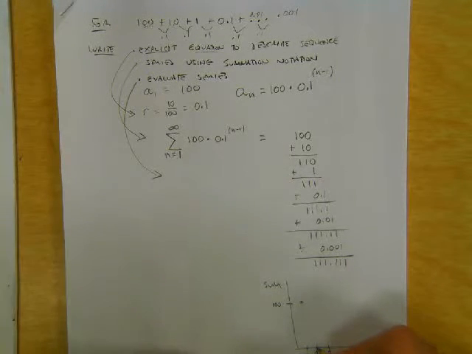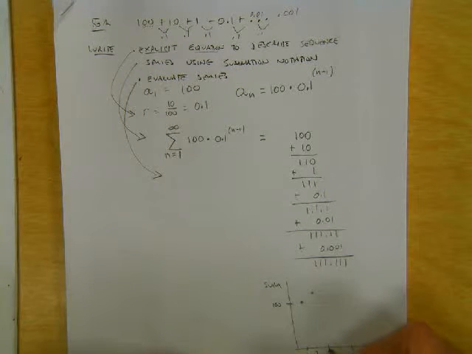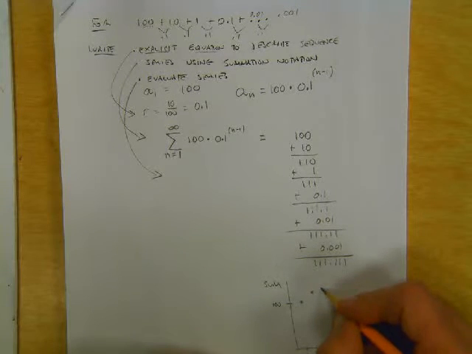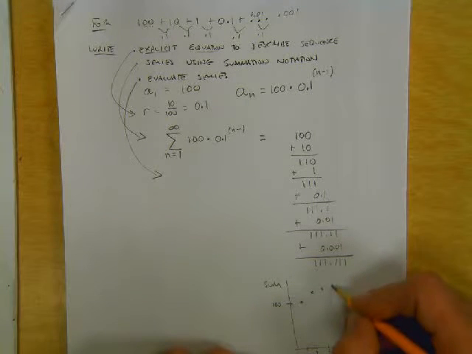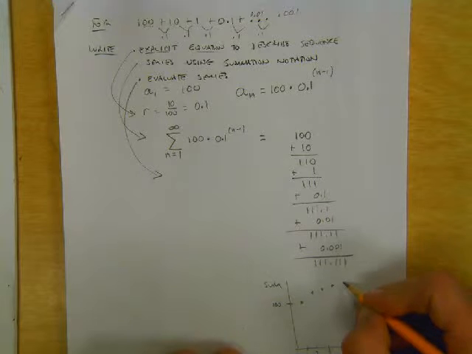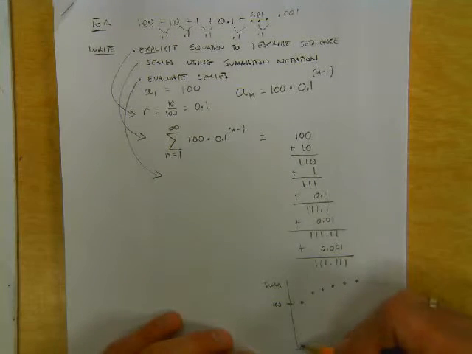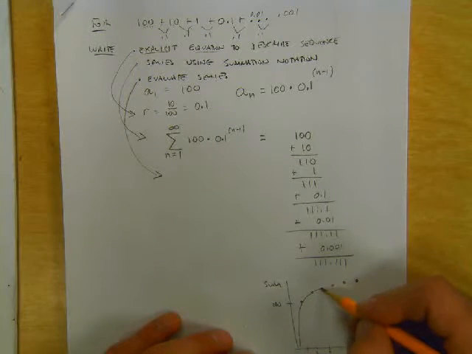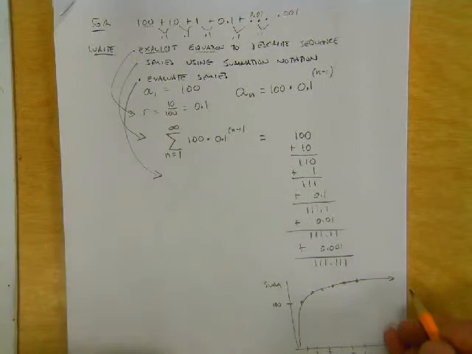And then we add the second term into it, and so we get 110. And then after the third term, we get 111. And then the fourth term, we get 111.1, and then 111.11, and 111.111. And it looks like we have a sequence that's summing to something like this.